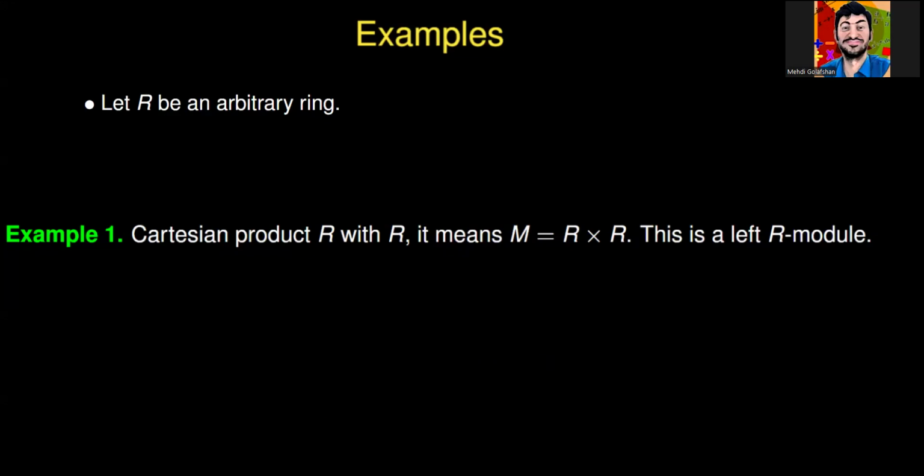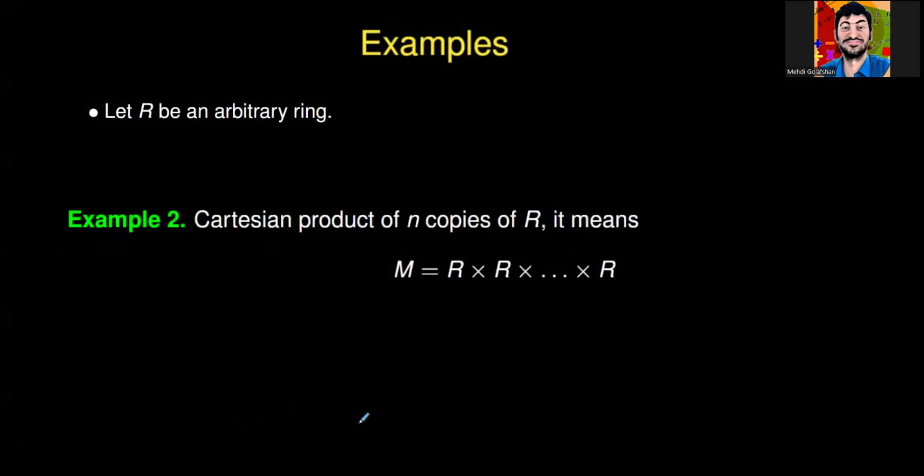In the more general case, we can take the product of n copies of R, which is also a left R module.